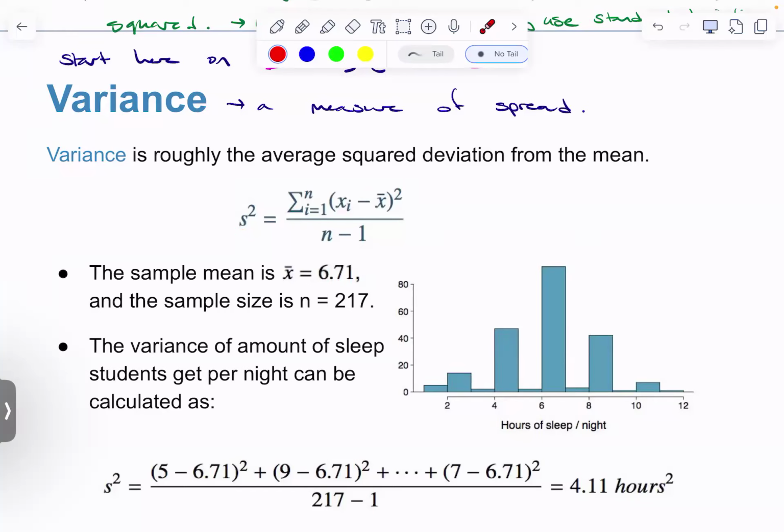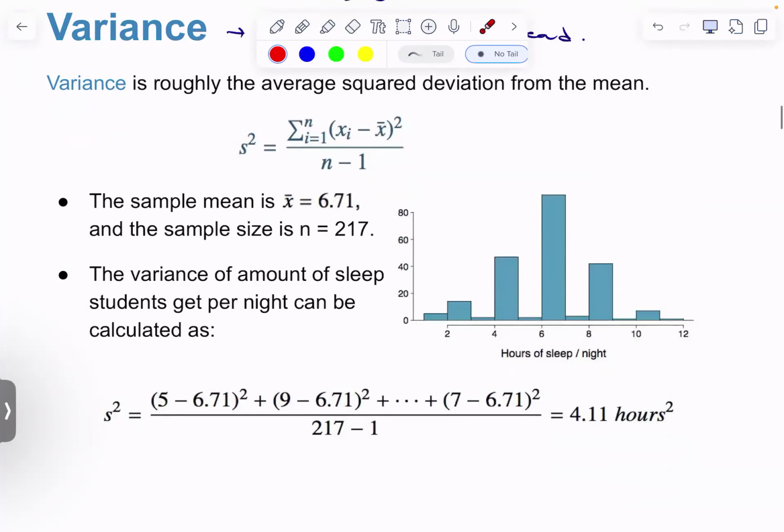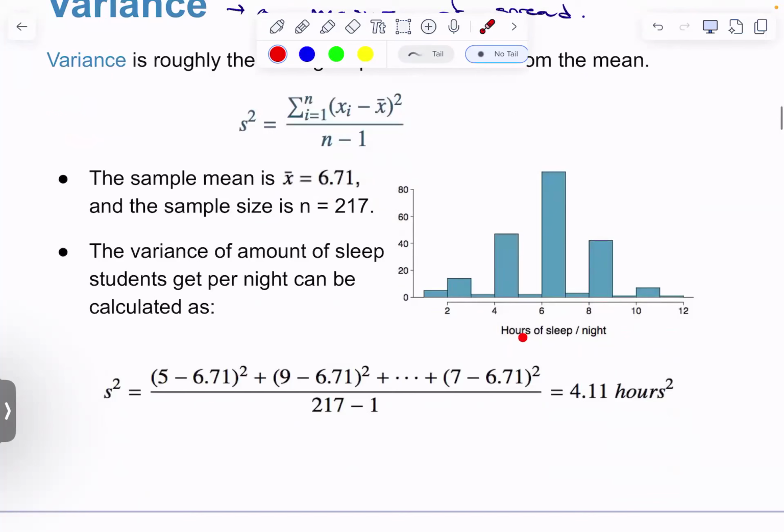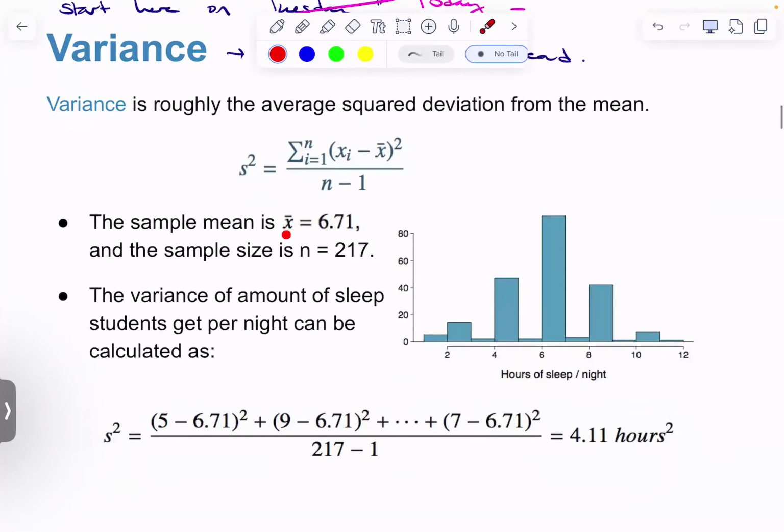So they didn't quite do it in this example, but if we have the hours of sleep per night for 217 people, students, whatever, we're told that the mean is 6.71. Notice that 6.71 is at the peak.